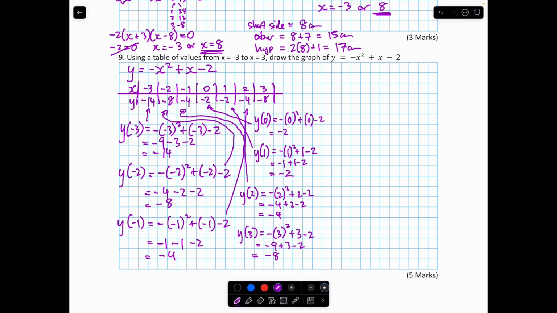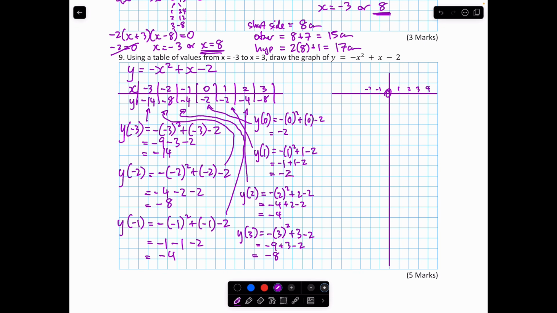I need my axes. I need it to go down to negative 14, so make it really negative. Let's go 1, 2, 3, 4.